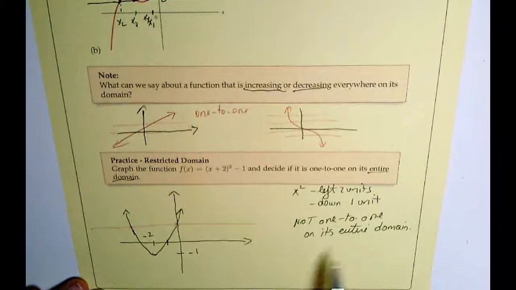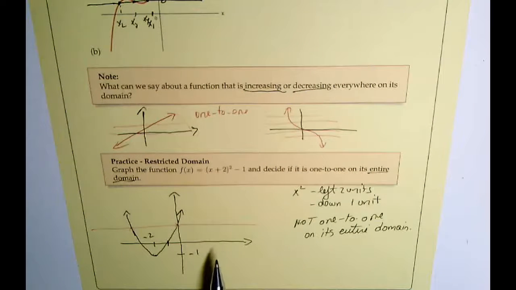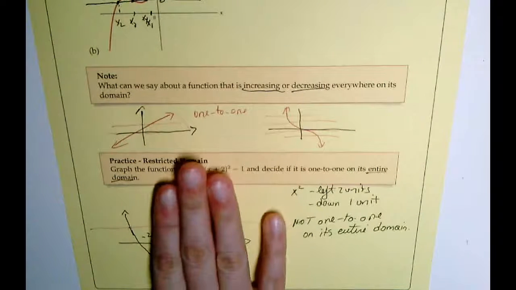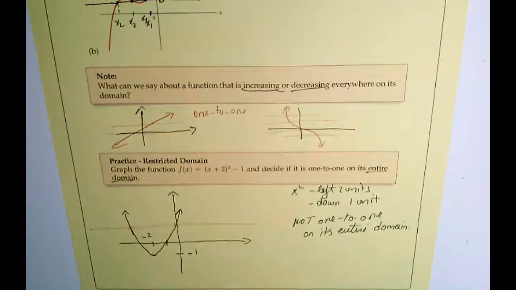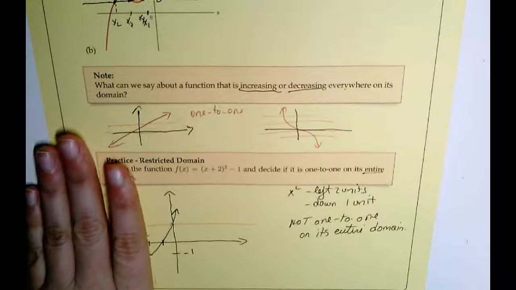But is it 1-to-1 on part of the domain? What if I restrict the domain? That's what we say. So what if I just look in here? If I just look at half of this, is this 1-to-1? Yes. What if I just look at this half?